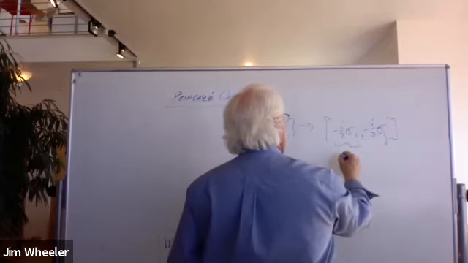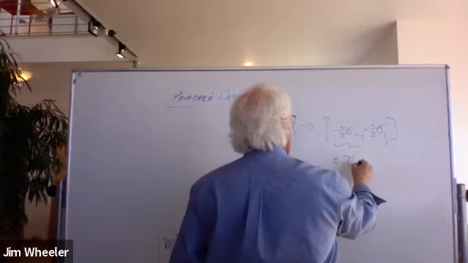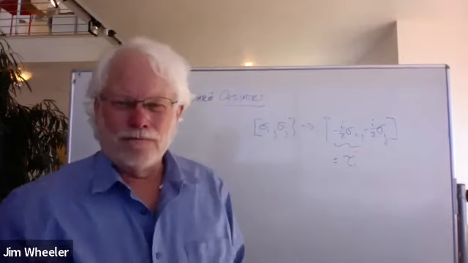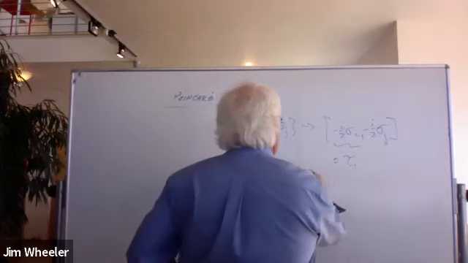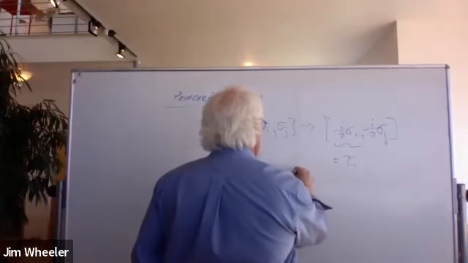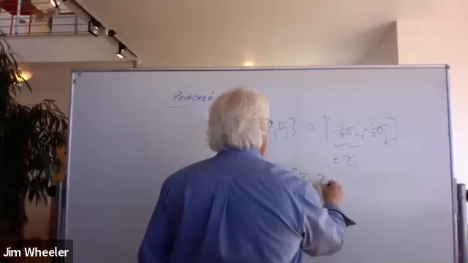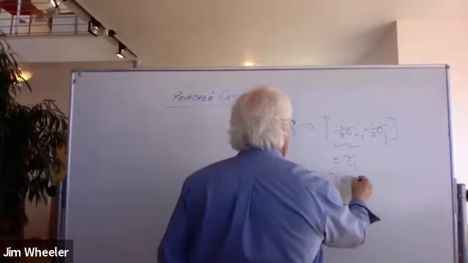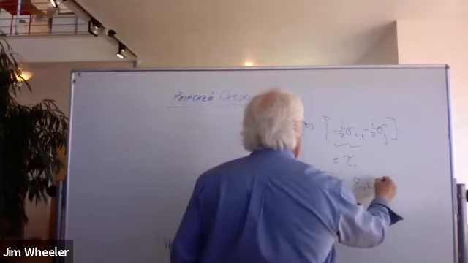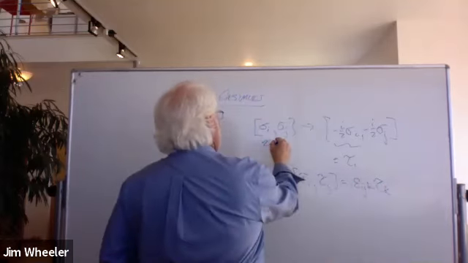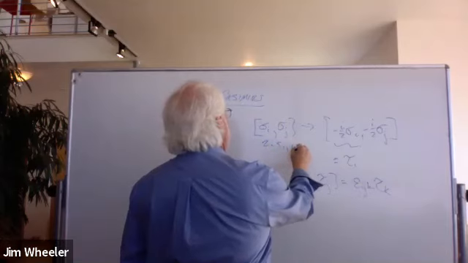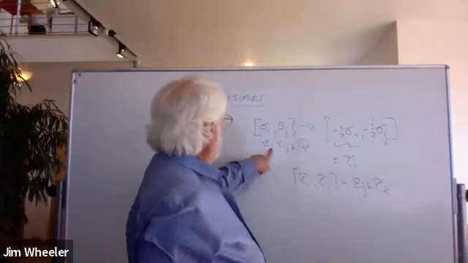And I like to call those tau. And those satisfy the same relation as the J's with real structure constants, epsilon ijk tau k. With the Pauli matrices, you've got 2i epsilon ijk sigma k.